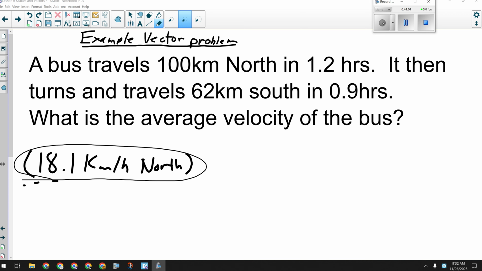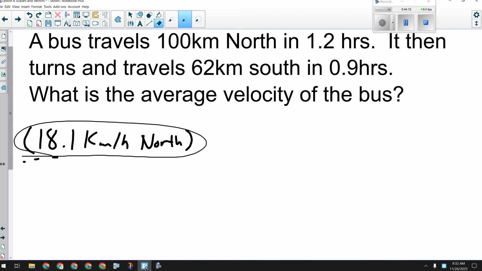But because there's clearly a part where the bus travels north and then clearly a part where the bus travels south, I'm going to separate those two into their separate parts. So I'm going to write down my givens like this, and I'm going to say part 1. In part 1, the bus travels 100 kilometers north. What did they give me there? Well, it could be a distance, but because I got north on there, it's displacement.